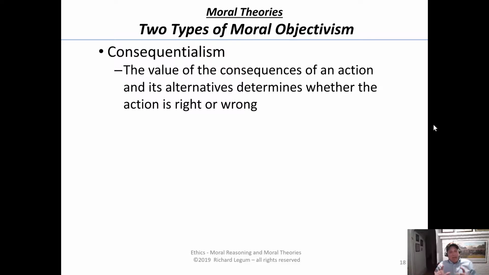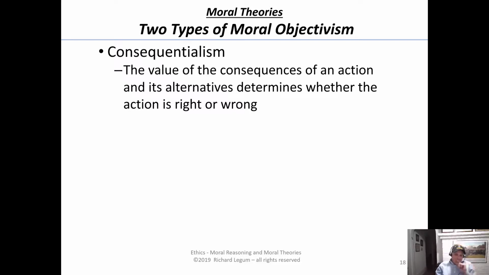But the idea is consequentialism or consequentialist theories will help us answer that question. And in fact, I'm going to leave it as an exercise at the end for you to figure out which moral principles would consequentialism support, and to explain how they would support that.